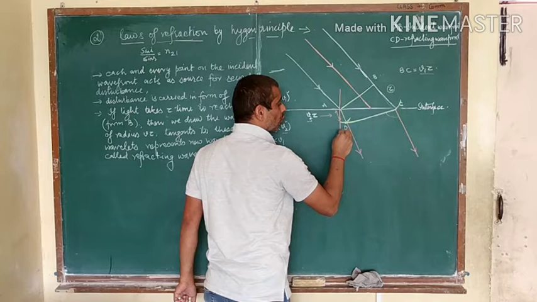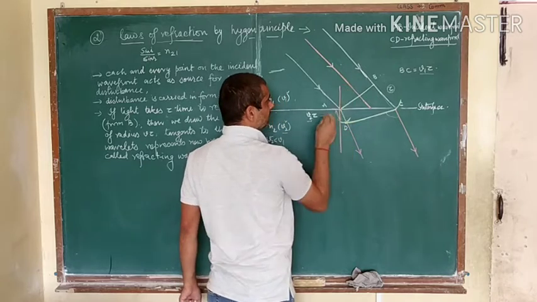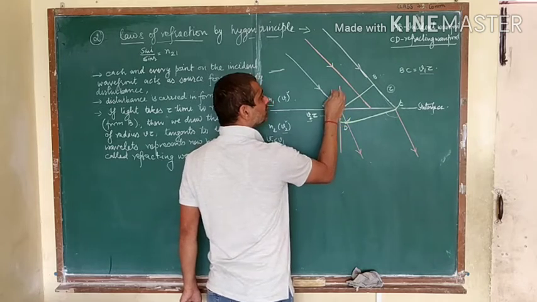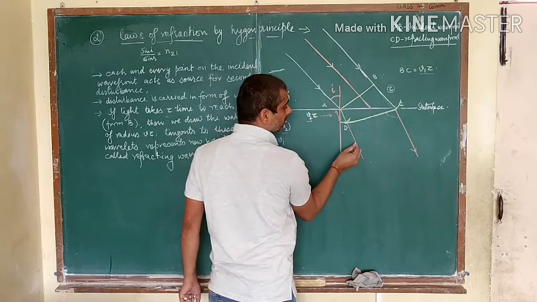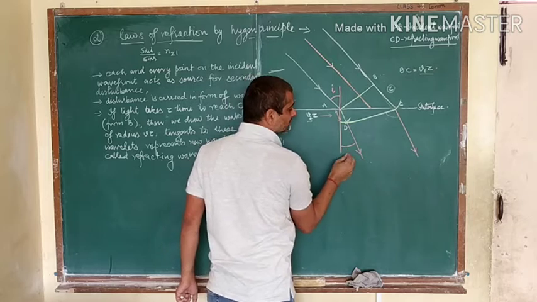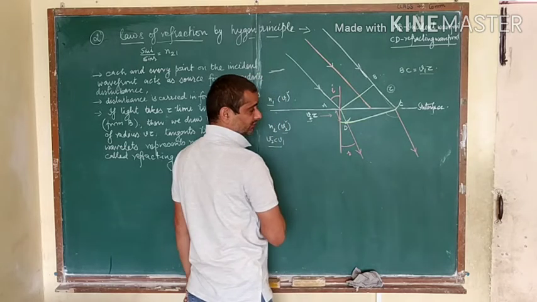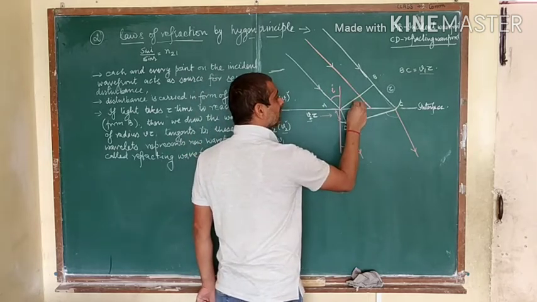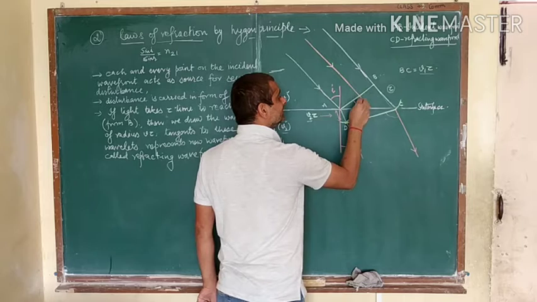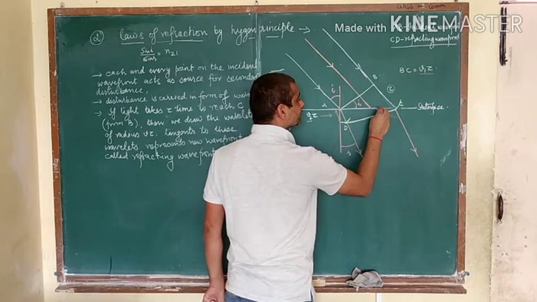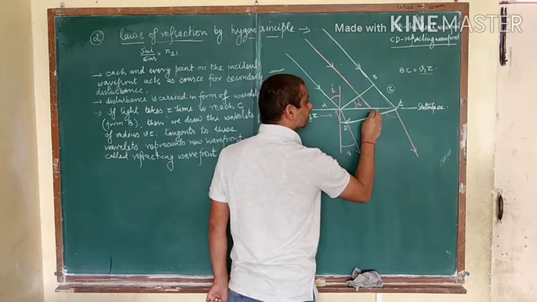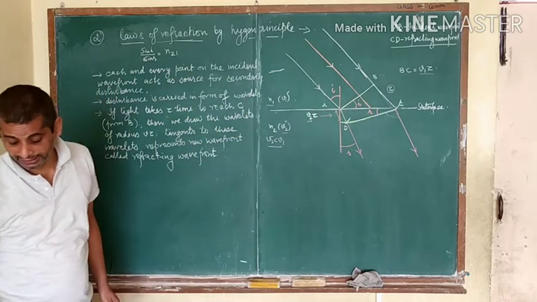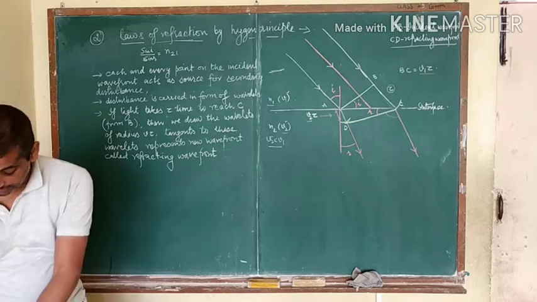The angle made by the incident ray with the normal is known as the angle of incidence, and the angle made by the refracted ray with the normal is known as the angle of refraction. So if this angle is i, this will also be i, and this is r, this will also be equal to r, because the angle made by two lines and their perpendiculars will be equal.